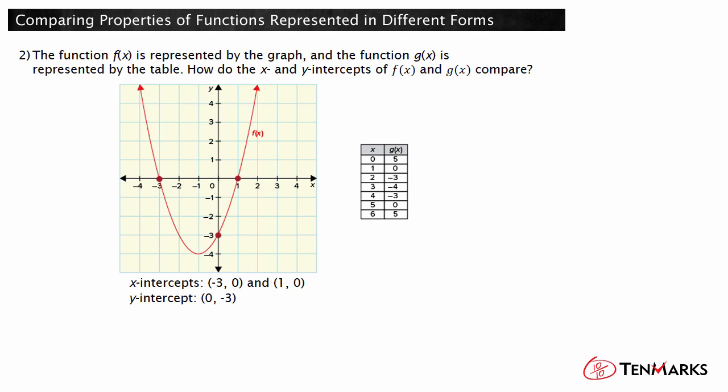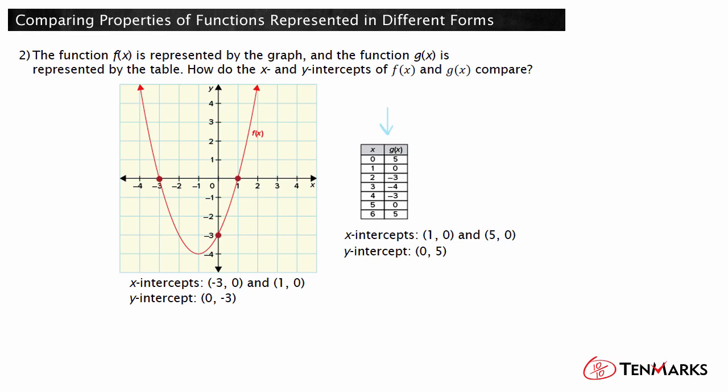For the table, the x-intercepts are represented by rows with g(x) equal to 0, and the y-intercept is represented by the row with x equal to 0. So the x-intercepts of g(x) are (1, 0) and (5, 0), and the y-intercept is (0, 5).